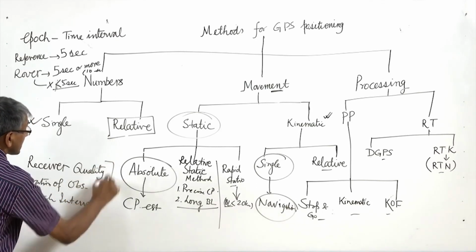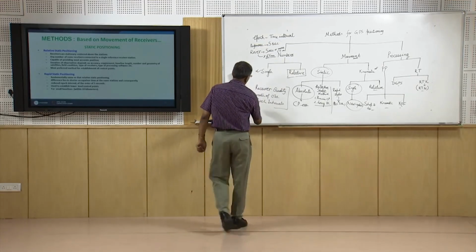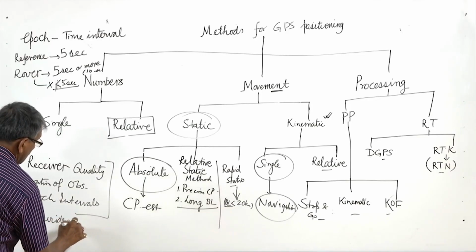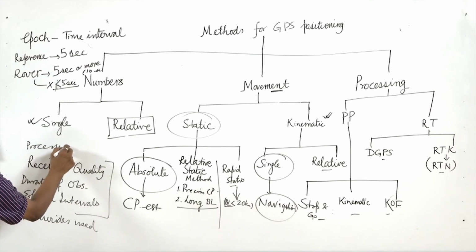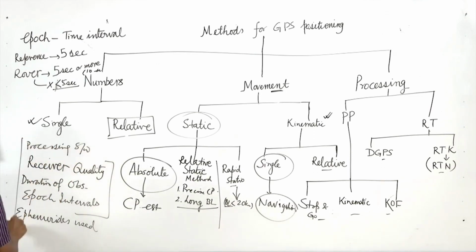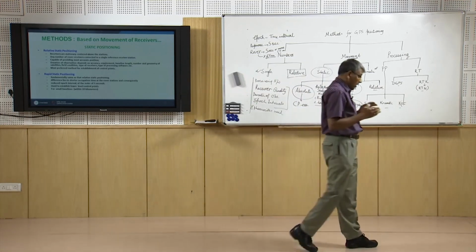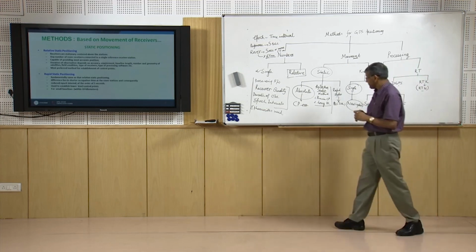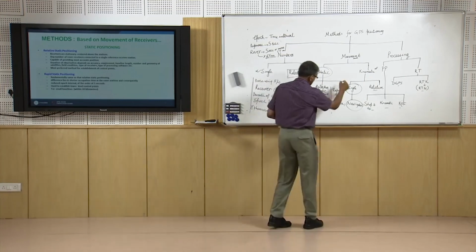These are the important considerations for the accuracy to be achieved, and then the ephemerides used for processing, then the processing software. So these are the things which need to be considered to arrive at more accurate GPS positioning. So with this, static is over.